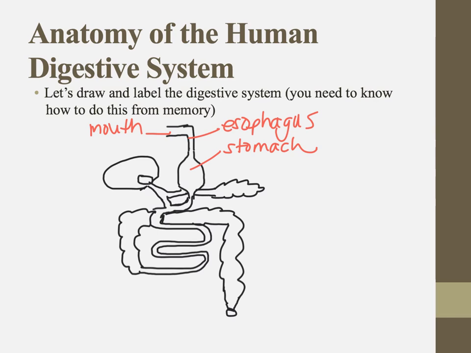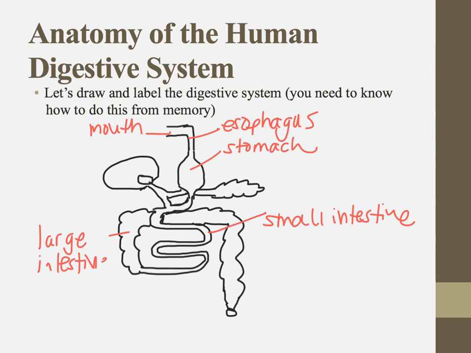The stomach flows into the small intestine, which then widens into the large intestine. We're also going to call that the colon, so we'll just say that that's the ascending, transverse, and descending colon. And then we have the rectum, which is the part right before it comes out, and the anus.